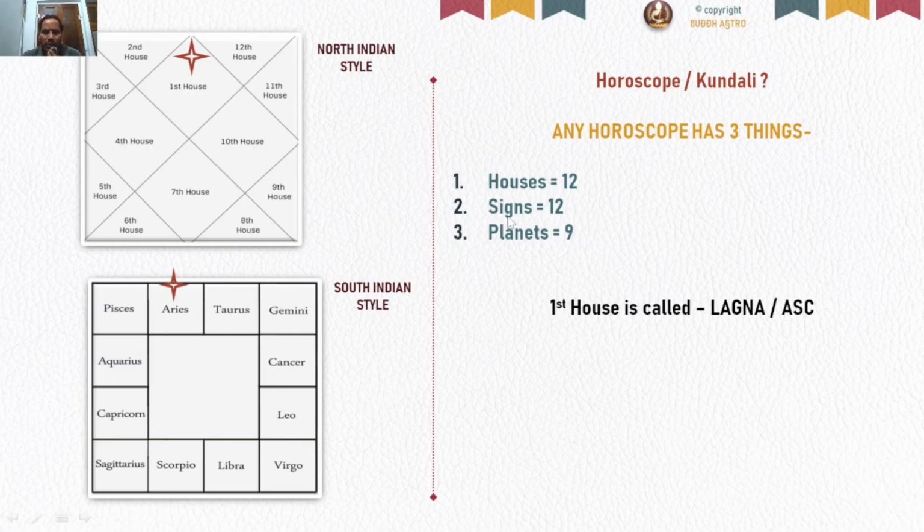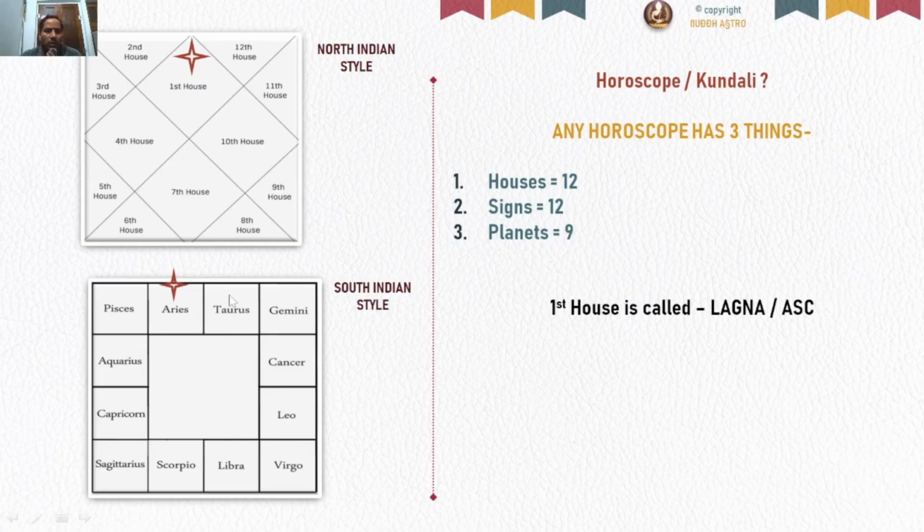Second, there will be signs or rashis. Third will be the planets, which are grihas. Now, total number of houses will be 12 in any horoscope. Total number of signs or rashis will also be 12 and 9 planets will be there in any horoscope.